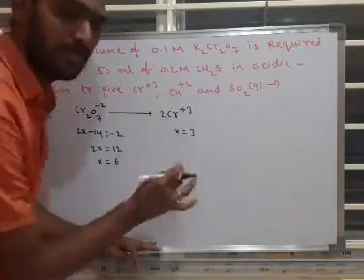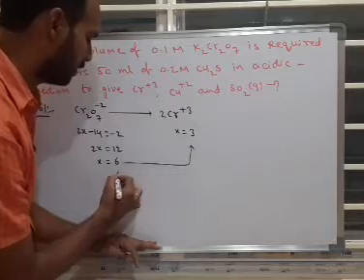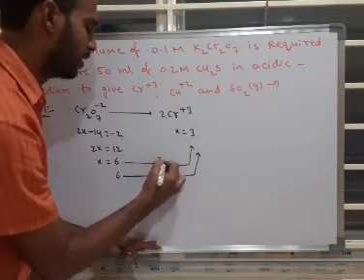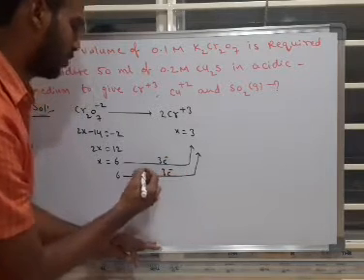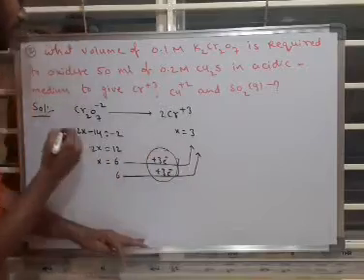Two chromiums are changing: one chromium from +6 to +3, and the other chromium also from +6 to +3. That is 3 electrons each. Decreasing oxidation number means gaining electrons, so a total of 6 electrons.